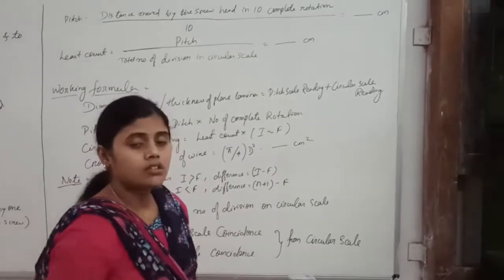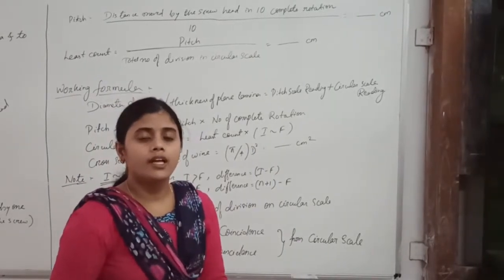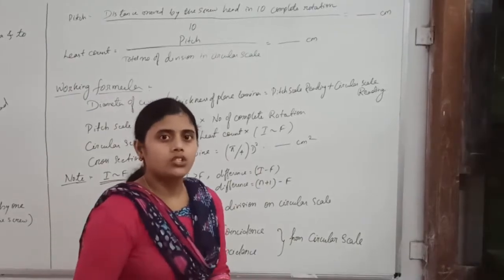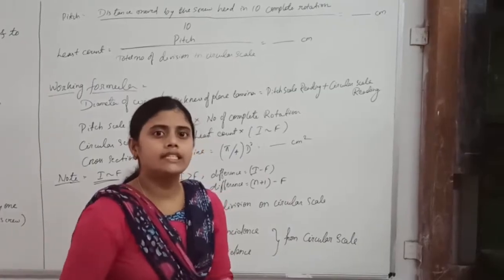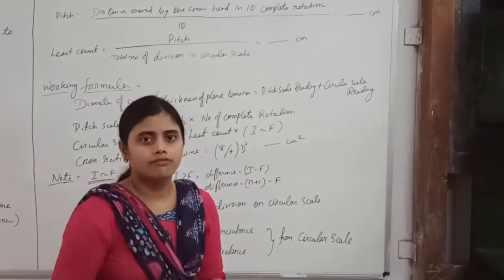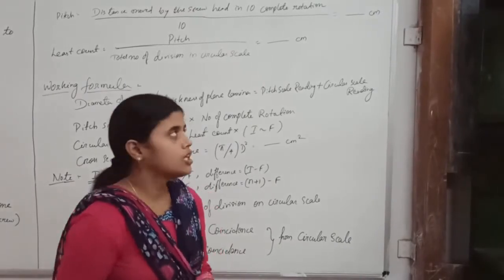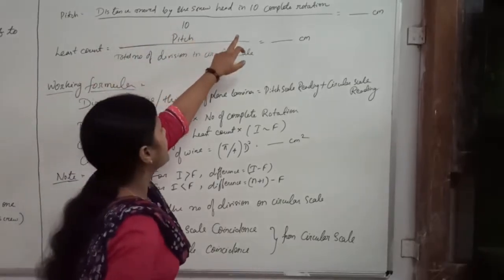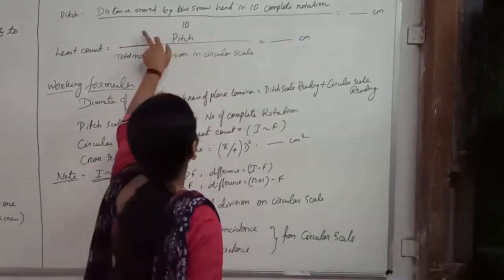It is important to know the least count of any instrument, because the least count is the minimum measurement of the instrument. To determine the least count, we should first find the value of the pitch. The pitch is given by the distance moved by the screw head in 10 complete rotations divided by 10.